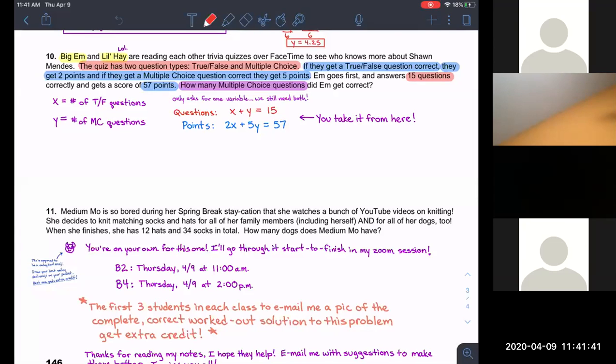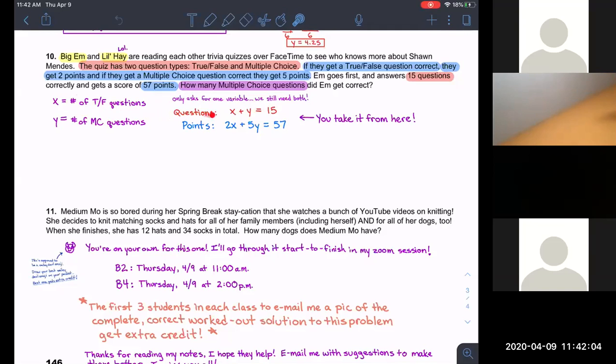Okay, so because they asked us how many multiple choice questions, that's what one of our variables is going to be. And of course, if one of the variables is the number of multiple choice questions on the quiz, then the other one's going to be the number of the other type of question on the quiz. So we have x equals the number of true false questions, y equals the number of multiple choice questions.